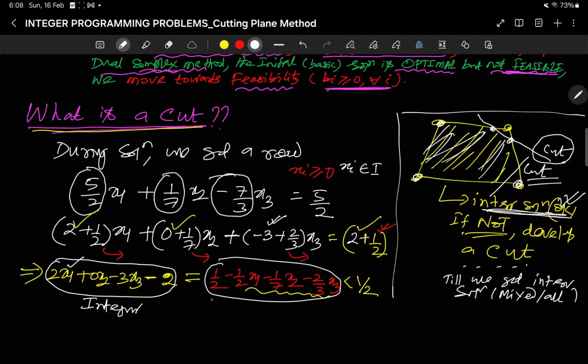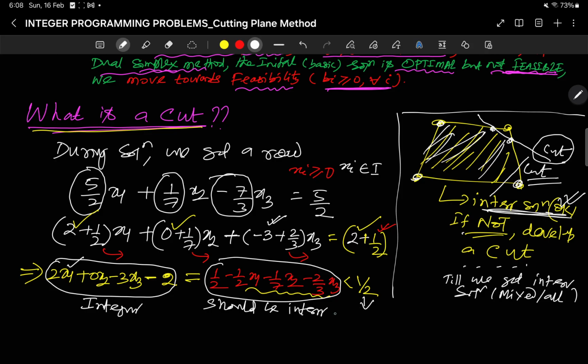So this should be an integer, is it not? So this is an integral value which is less than half. The integer which is less than half, the closest integer is my 0.